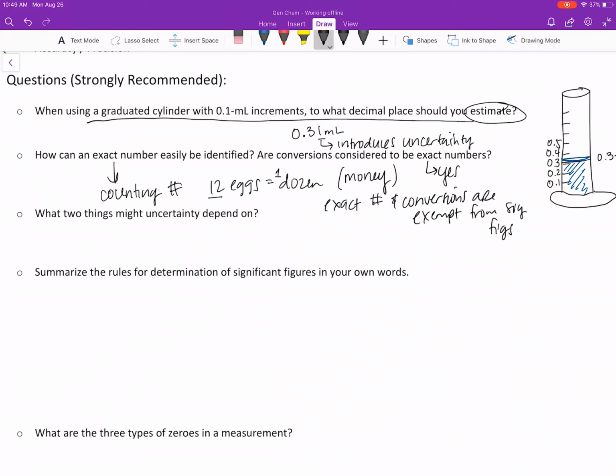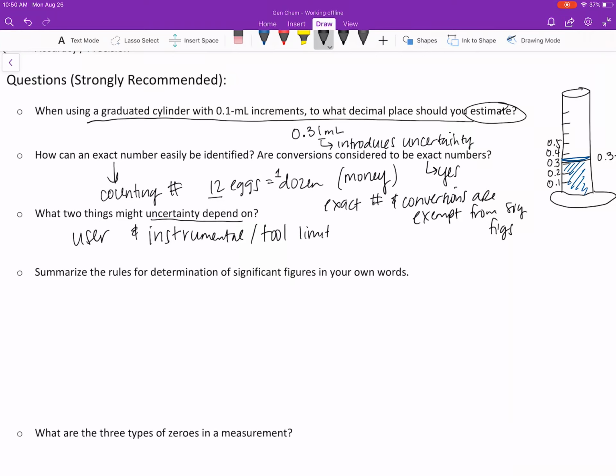Okay, so you haven't had lab yet. You may have had lab prior to this class, but two things that uncertainty might depend on in the lab is you, the user, either your knowledge of what you're doing or the limitation in your ability to do it, right. And then there's also going to be what's called instrumental or tool limitation.